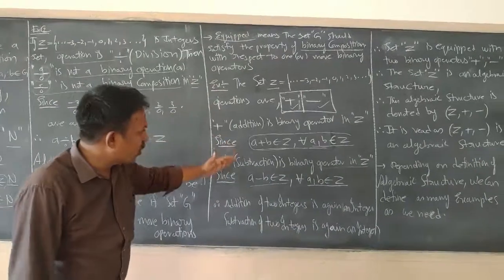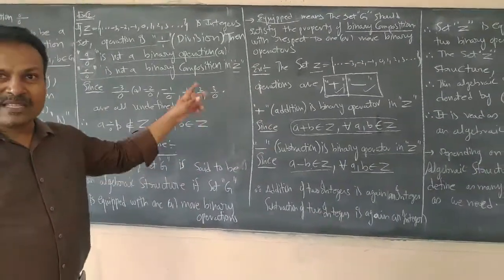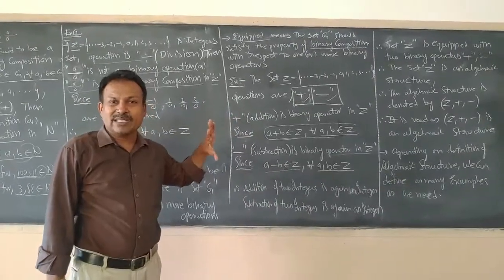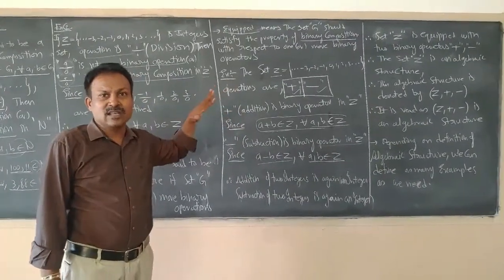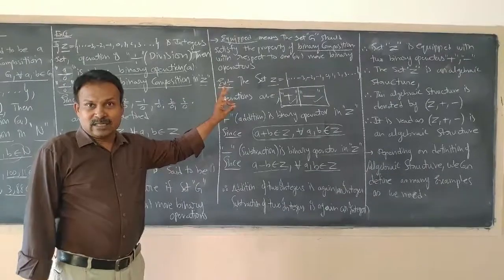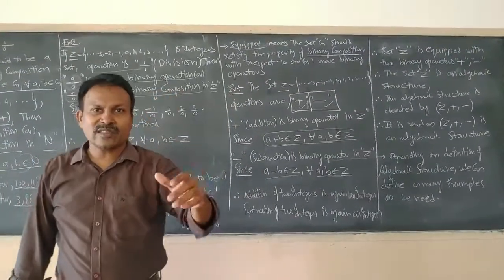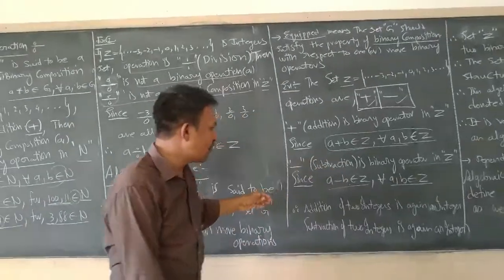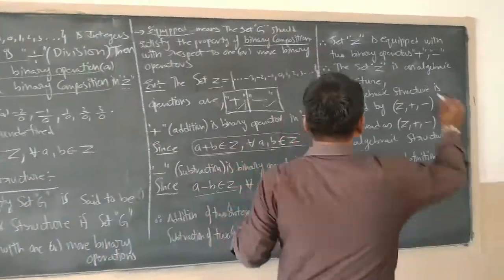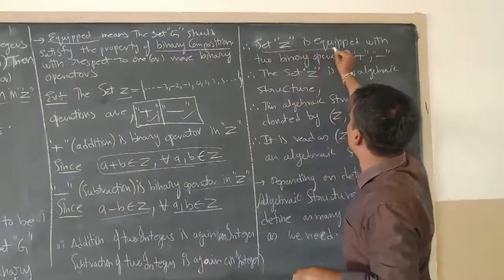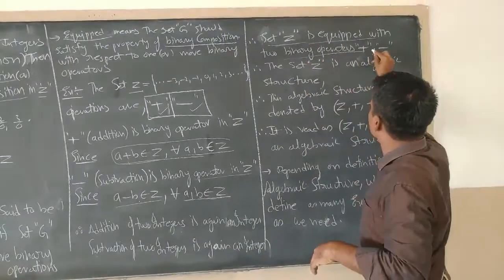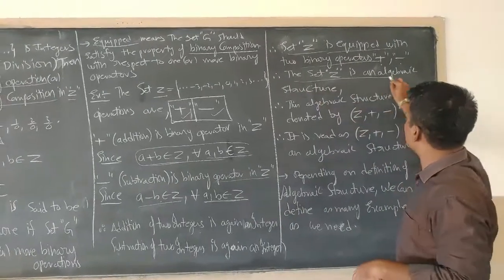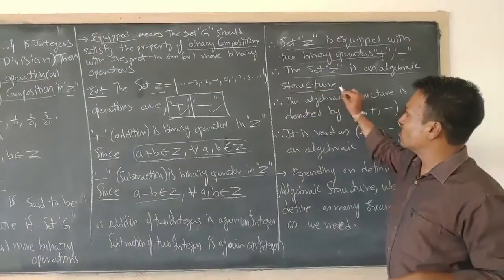In this example, we have clearly seen that plus and subtraction satisfy the binary operation properties in the set of integers Z. Therefore, Z is an algebraic structure with respect to two symbols, one is plus and the other is minus. That is why I have written here: set Z is equipped with two binary operators, one is plus and the other is minus. Therefore, set Z is an algebraic structure.